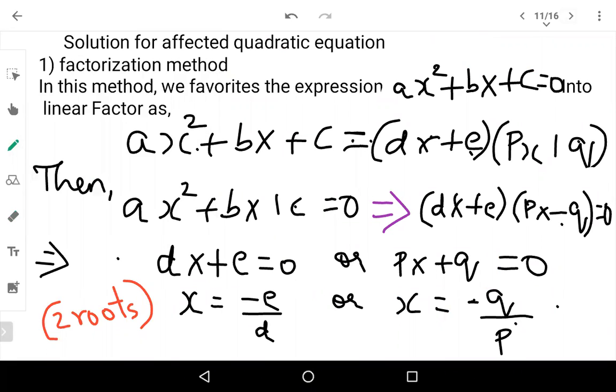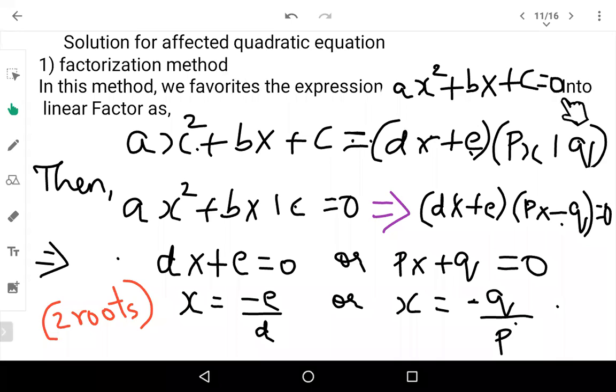Firstly, how to find the solution for an affected quadratic equation. It will be in the form of ax square plus bx plus c is equal to 0.